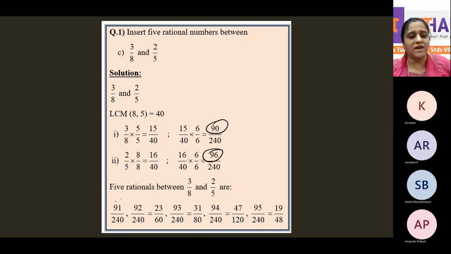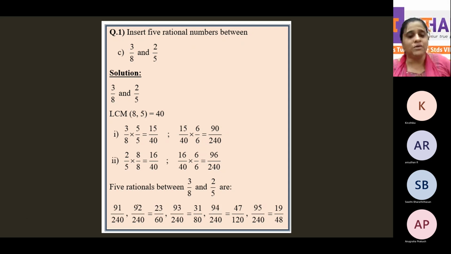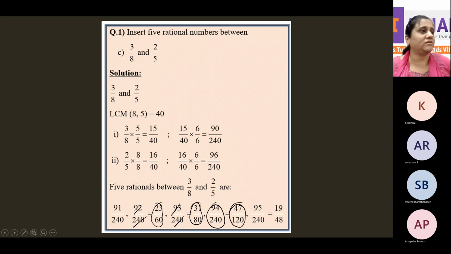Now insert the numbers 91, 92, 93, 94, 95. Now when you write 92 by 240, you can simplify. So that simplified form I've written here. Then when you write 93 by 240, you can simplify. So that simplified form here. Understand? 94 by 240, you can simplify. So that one here. Whenever it is possible, you should simplify.